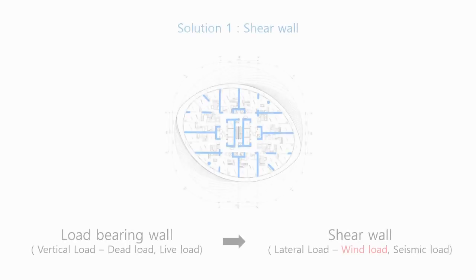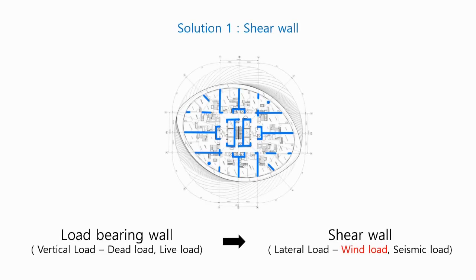The first way to solve this problem was to use a shear wall. Shear reinforcement was added to the load-bearing wall so that it could be used as a shear wall at the same time.